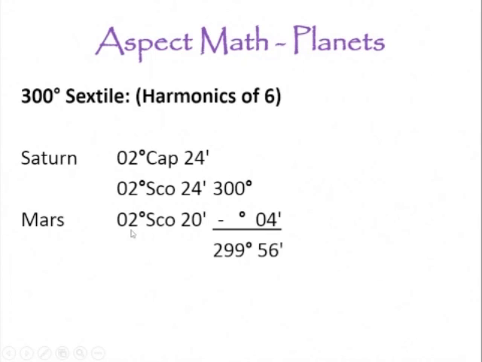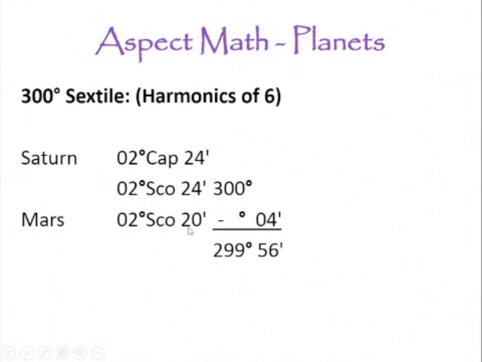But as you can see, if Mars was at 2 degrees Scorpio, 24 minutes, it'd be exactly 300 degrees. But I'll come along and just subtract, and the degrees go by 30 degrees each. 12 signs, 30 degrees, 12 times 30 is 360, but the minutes go 0 to 60.